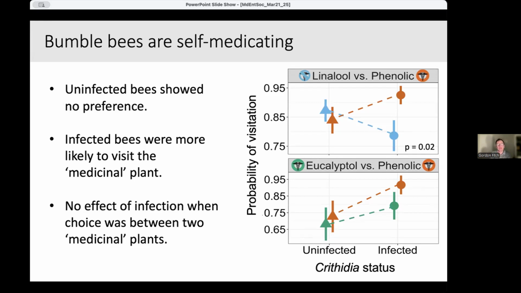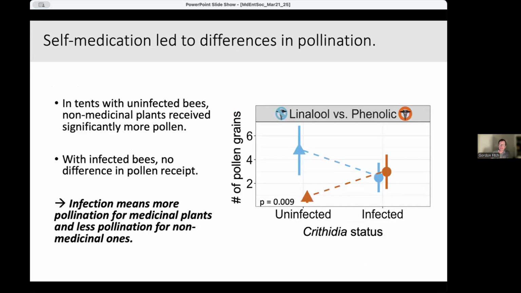But then, I'm really interested in what this means for pollination. And so we next wanted to look at how well the bees are pollinating these different chemotypes depending on whether they're sick or healthy. And here again, we find evidence for the effects of self-medication on not just behavior, but then on pollination.